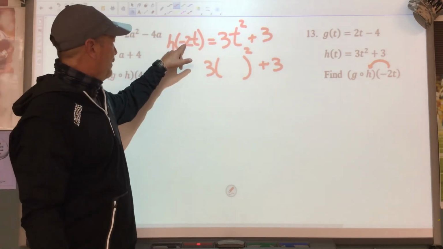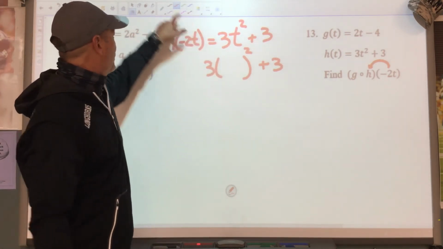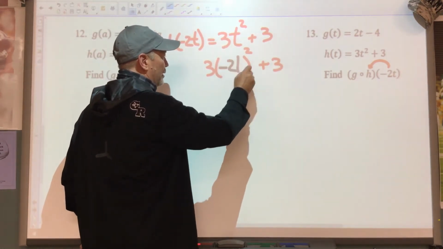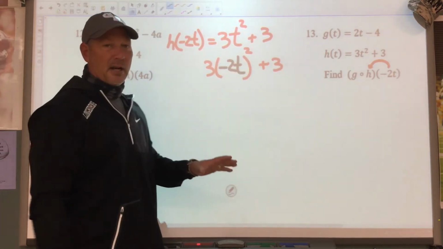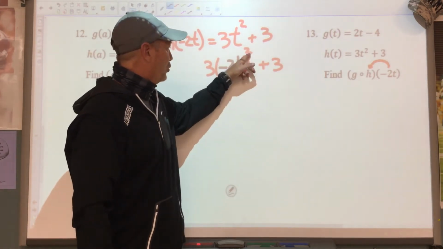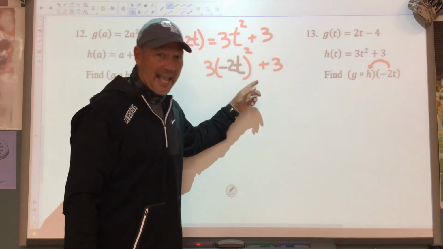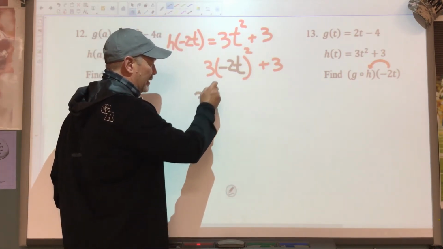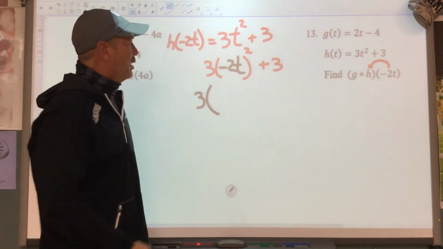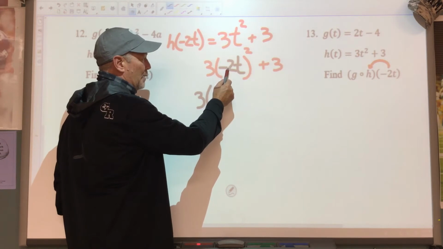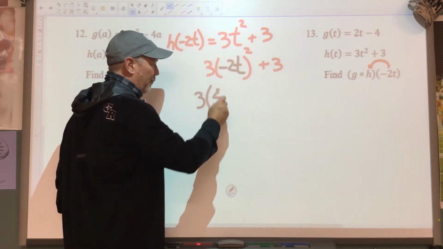We said we were going to evaluate for -2t, so we're going to substitute in -2t. Be careful, you need to do your exponent first. And the exponent goes to the -2 and to the t. So this is going to be 3 times, we're going to square this. Square the -2. -2 times -2 is a +4.